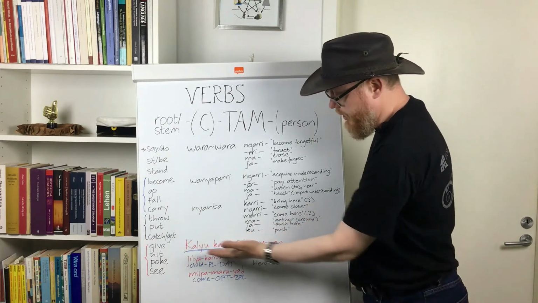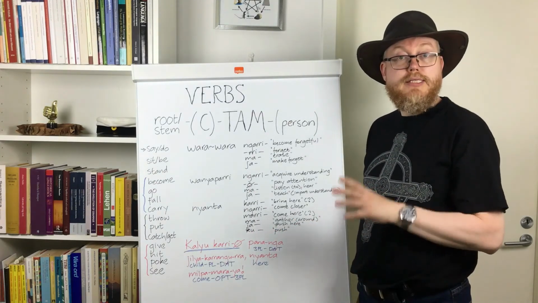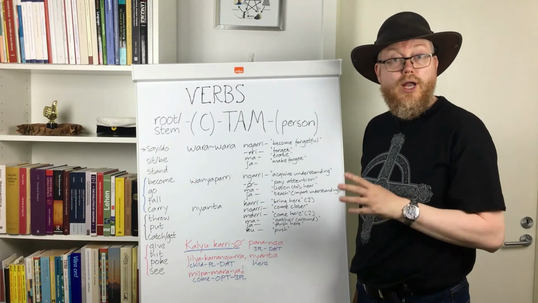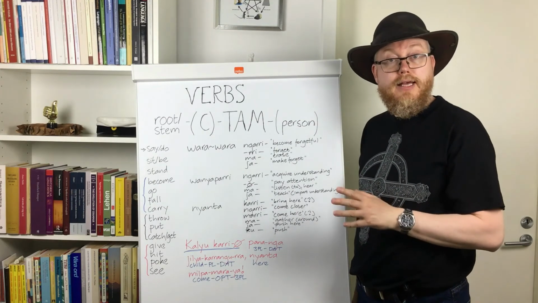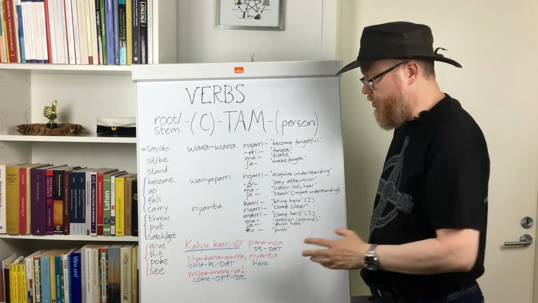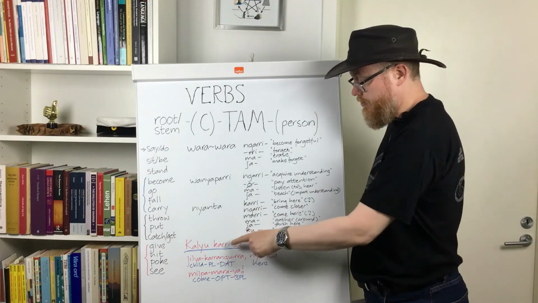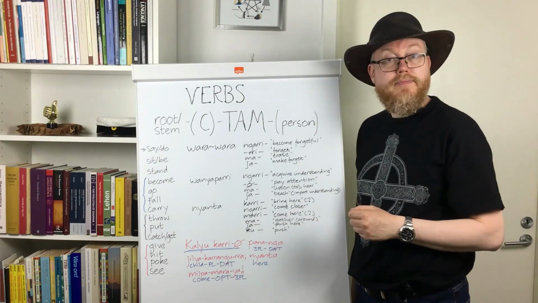First we have a complex verb, kaljukari, which means shout or call out. It does not take an overt tense aspect mood ending here. This is what this means. This means 0.